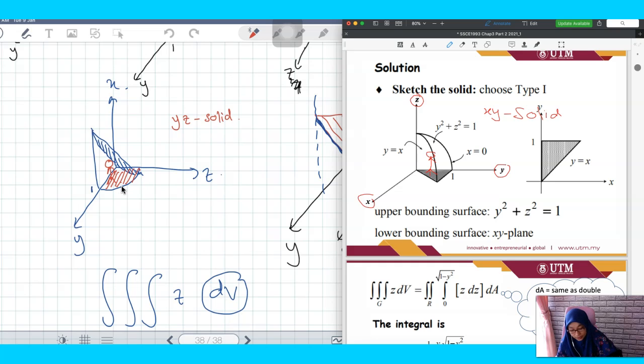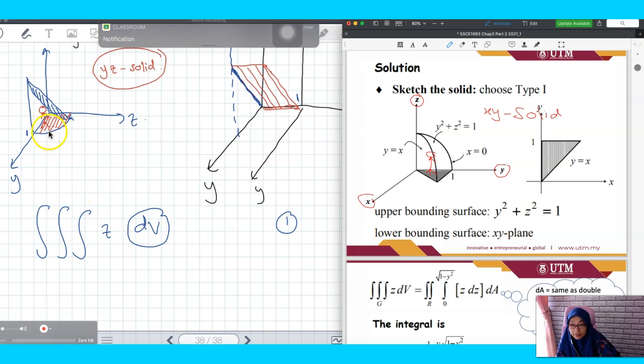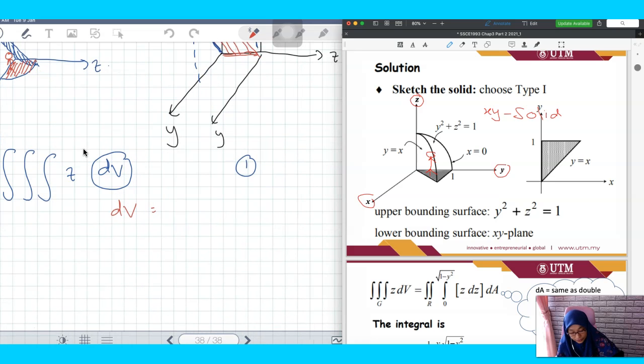Okay, now the second step. We decided to have this particular region on the yz plane. In terms of your dV, I want to relate it with dA.